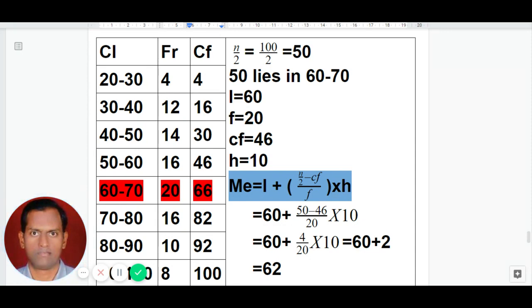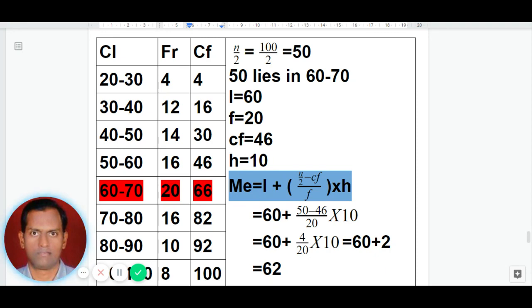Now the total is 100. n by 2 is 100 by 2, which is 50. So the immediate greater value of 50 in the cumulative frequency table is 66. So this is the median class.